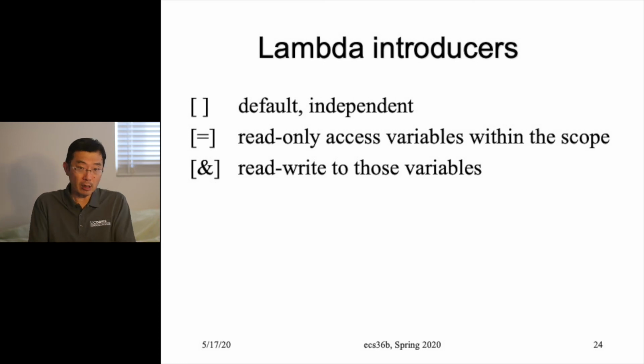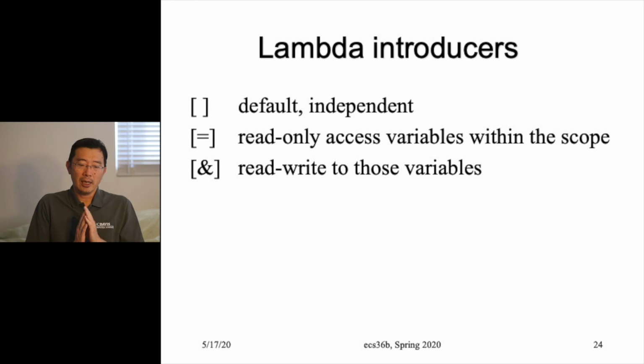You're going to call this function somewhere within some scope, but with the default introducer you're like in a new scope to yourself. You cannot access anything outside and nobody can access anything inside. So it's independent. Now you have two other options, which you have to be careful with, and know what you're doing.